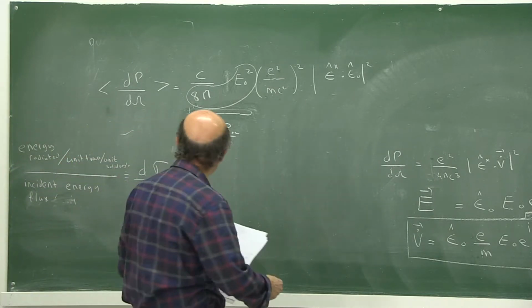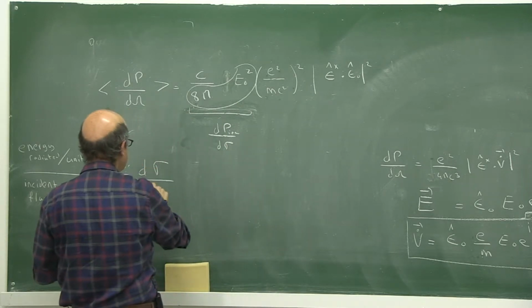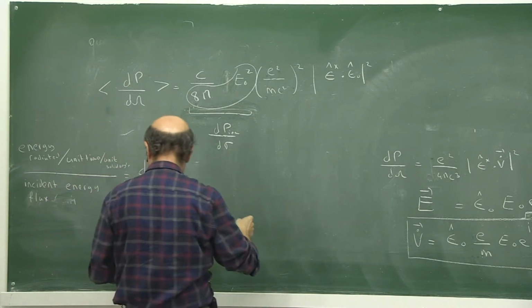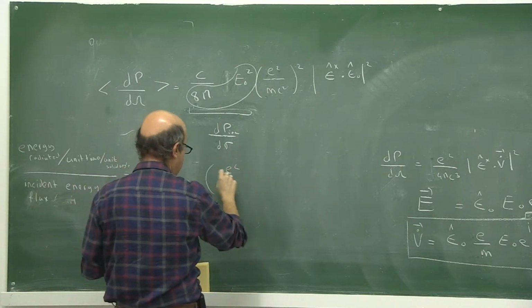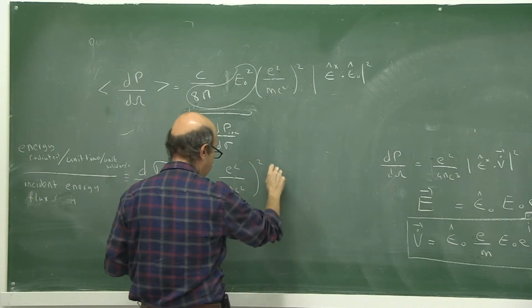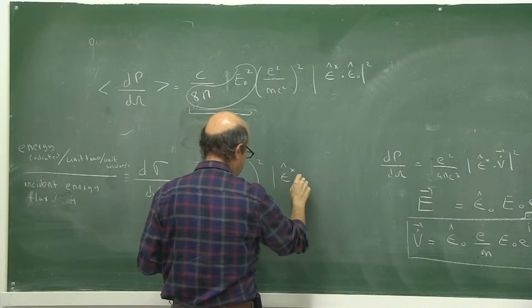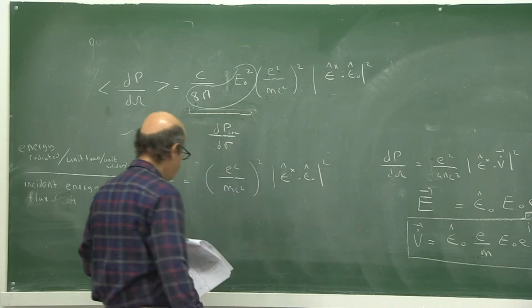So basically, if you take this bunch and divide that, you will obtain the scattering cross section per solid angle. Okay, that is the good wording, and that will be equal to e squared over m c squared, squared, times epsilon complex conjugate dot epsilon zero, squared.